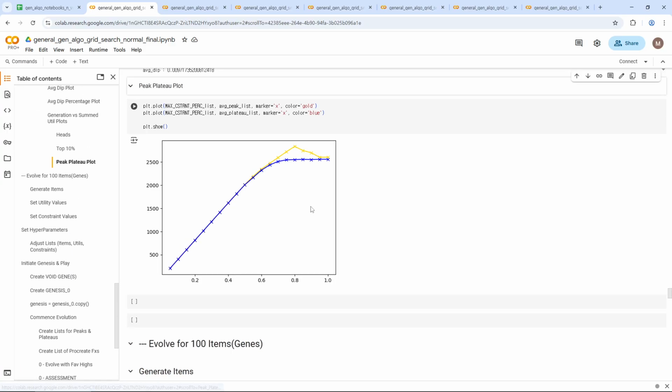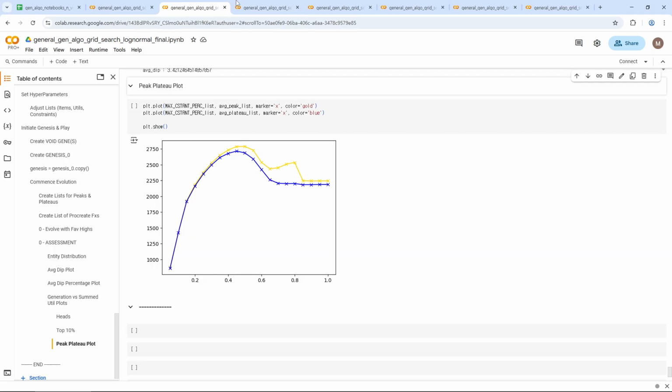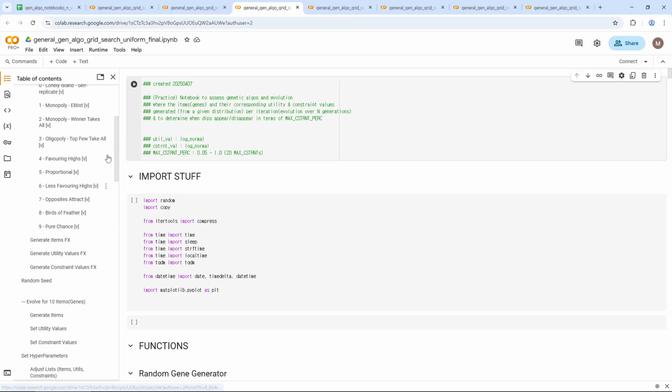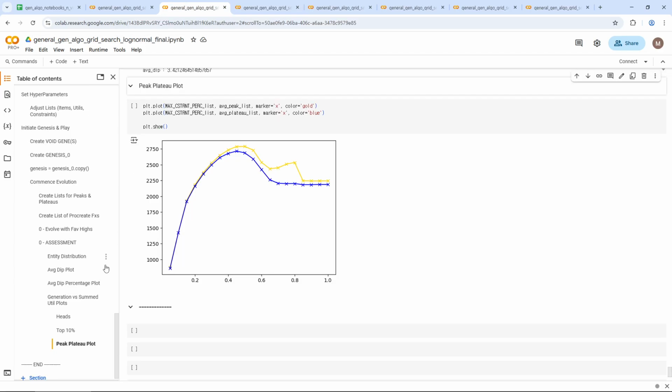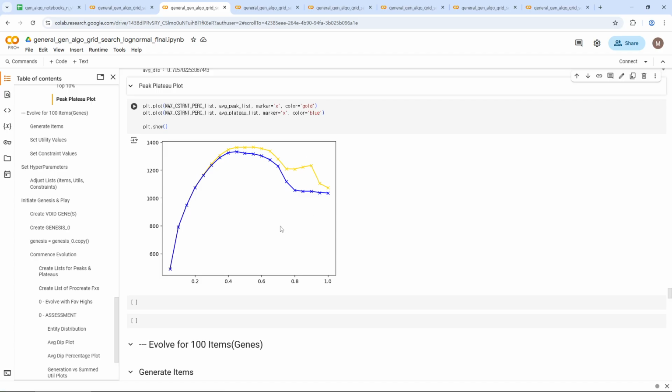This is normal distribution but for 40 items. So these two are very similar. And same for log normal, 100 items, 40 items. So they're almost the same.